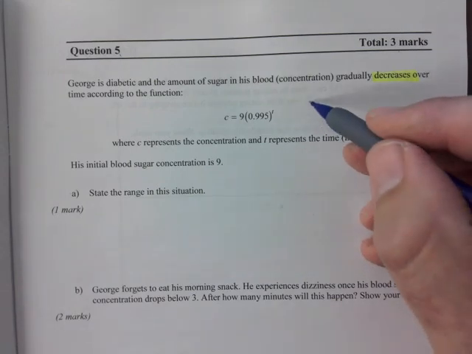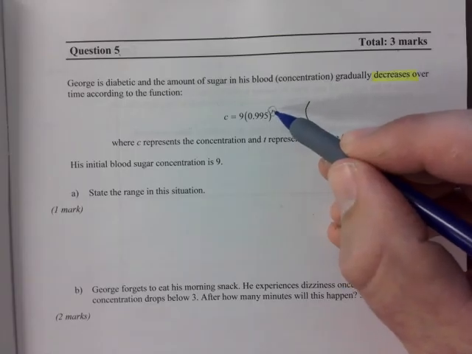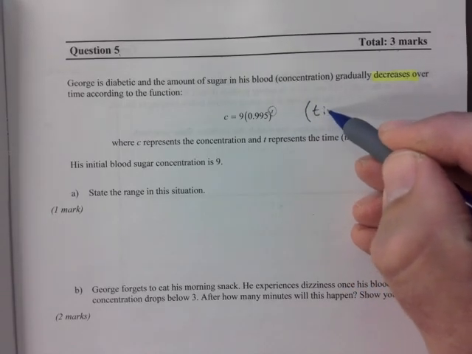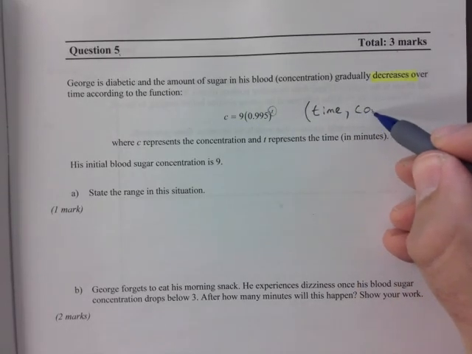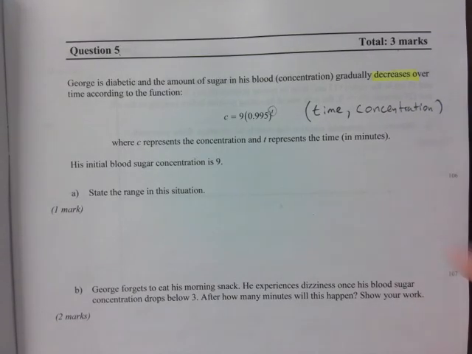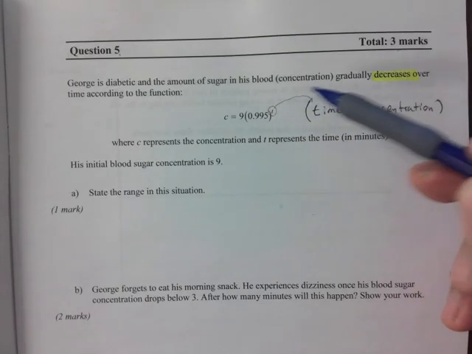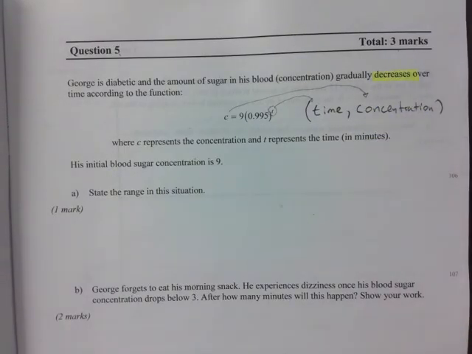I can't tell you enough how important it is to know that this is our X value, right? Whatever is there. So in this case, time is our X value, and concentration is our Y value. Okay? Always, when you have the equation, that's how it goes. So getting that straight is going to be extremely important.